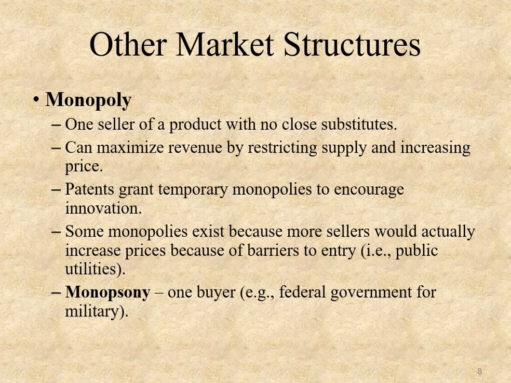There are patents that grant temporary monopolies to encourage innovation. Some monopolies exist because more sellers would actually increase prices because of barriers to entry, like public utilities. There's also something called monopsony, where you have one buyer, the federal government, for the military.